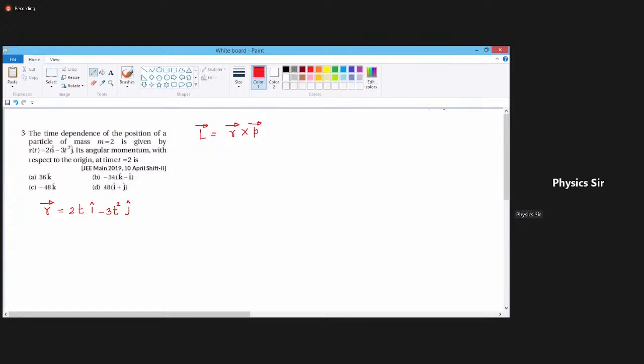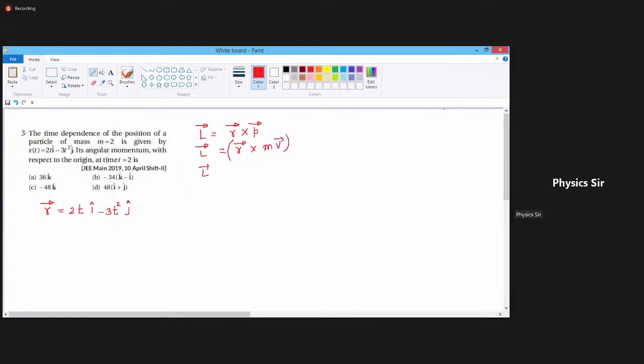So to calculate the angular momentum, I need vector r and vector p. What is the vector p? The vector p is m into vector v.